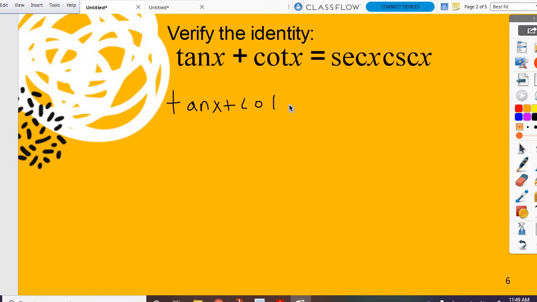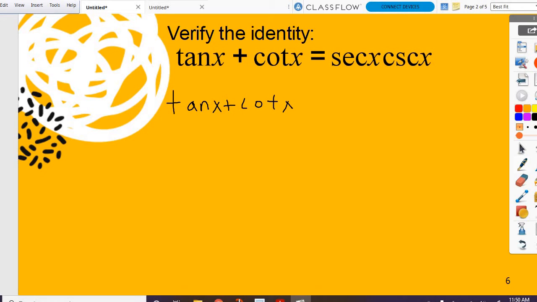Remember that a couple of our guidelines, one was to factor. Is there anything that I can factor out from those two? Do they both have anything the same? No, right? They don't both have a sine multiplied to it or a 2 multiplied to it, so I can't factor anything.